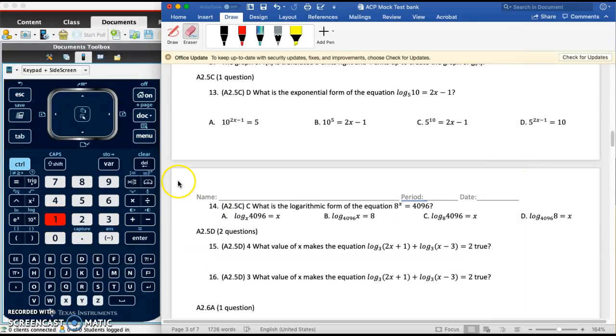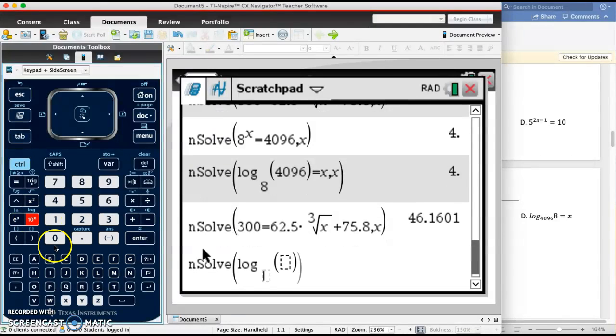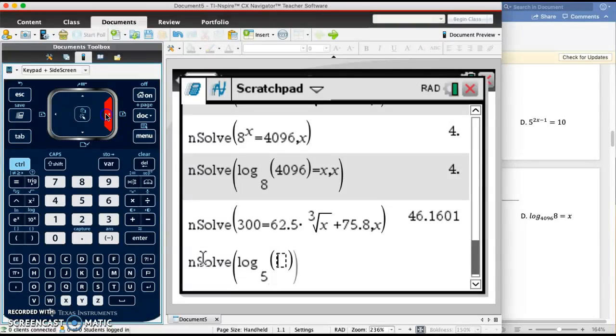So this one says log to the base 5 of 10 equals 2x minus 1. So I go control log to the base 5 of 10, right arrow key, equals 2x minus 1. Enter.